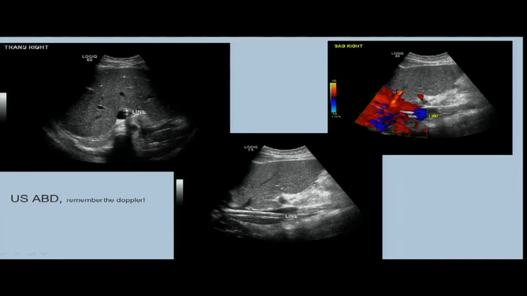This is a sagittal scan, and Doppler has been applied there. There's something Dr. Gates always says: he's always looking for the Doppler interrogation, and I actually saw a case presentation of a patient that had hepatic thrombosis from placement of ECMO cannula. Interrogating the ultrasound images with Doppler is actually essential.